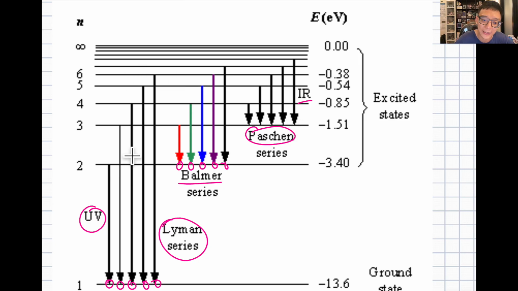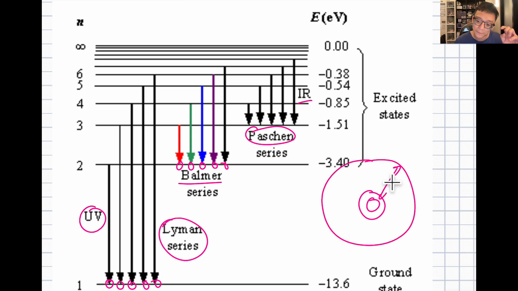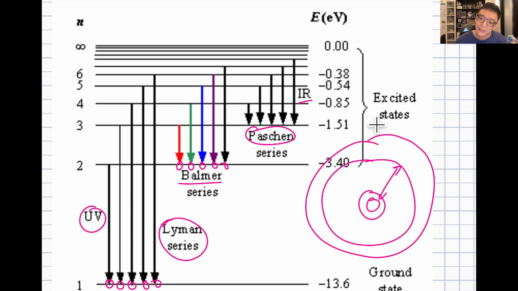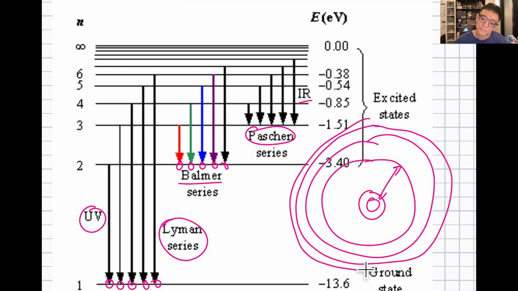Notice here that the gap between shells is widest between the first and the second orbit. So imagine that this is the nucleus, the first shell is something like this, then the second shell is something like this, so the gap is very big. But between the second and the third, it gets tighter and tighter, until the sixth, and so on, approaching infinity.